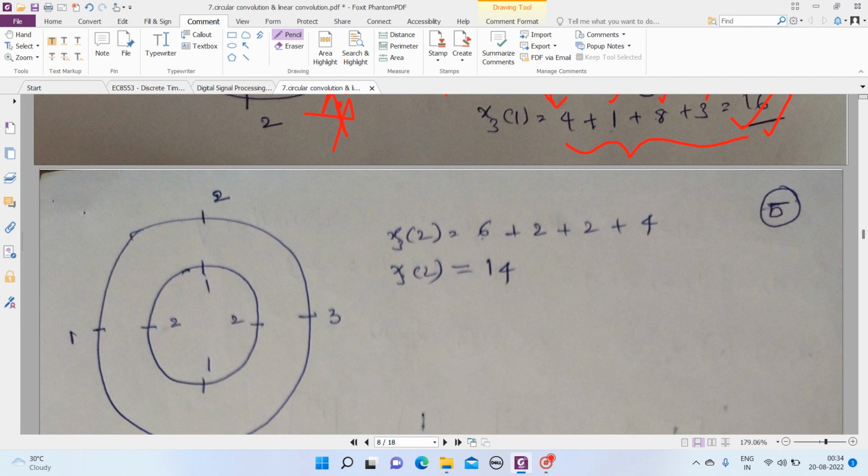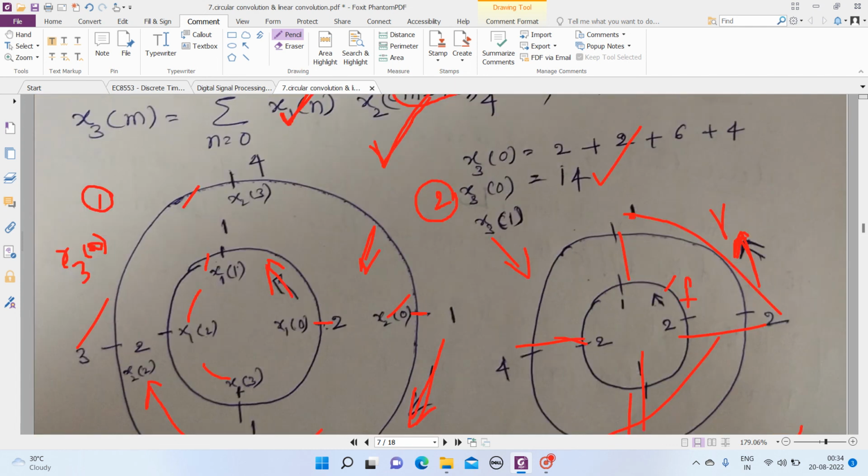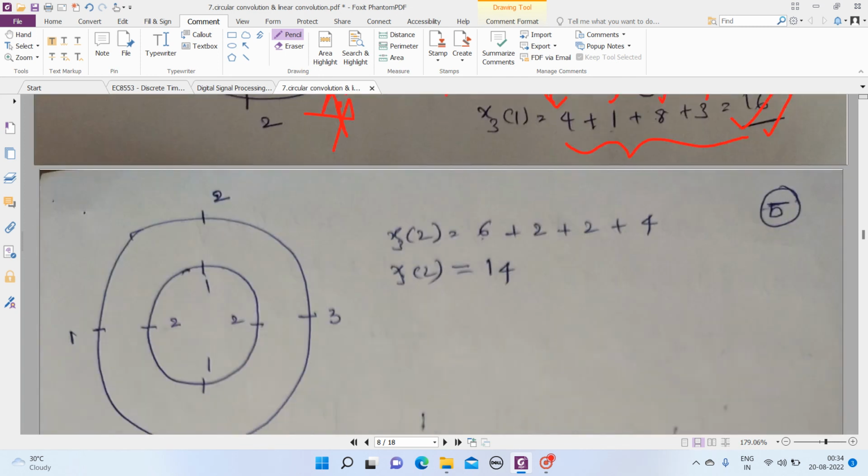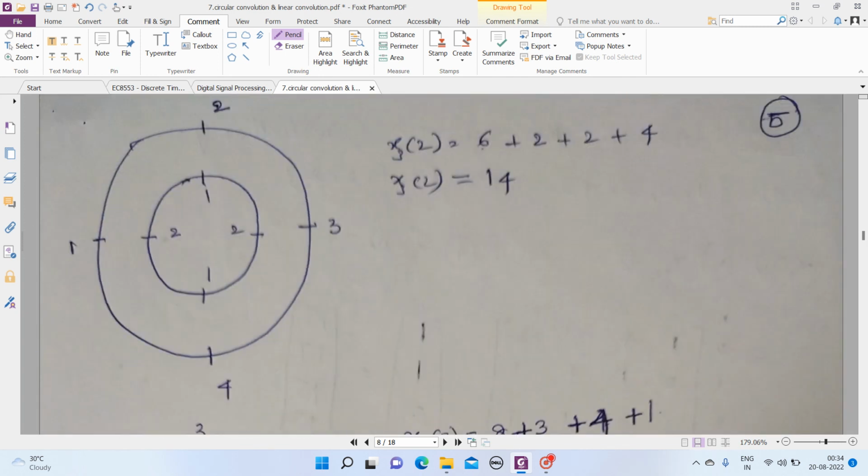I have 1 in the previous, so it comes here. This 4 comes here. I am not going to rotate this one, just the exterior of the circle. Then I have to multiply these two values, then add all the numbers. You will get 14.